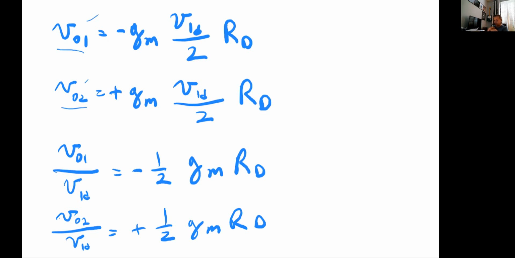So I can start looking at my differential gain, which is really the purpose of this. The purpose of this differential pair is to be a differential voltage amplifier, which we're going to have to convert to single-ended, but we'll look at that later. So I can look at what is my differential gain.